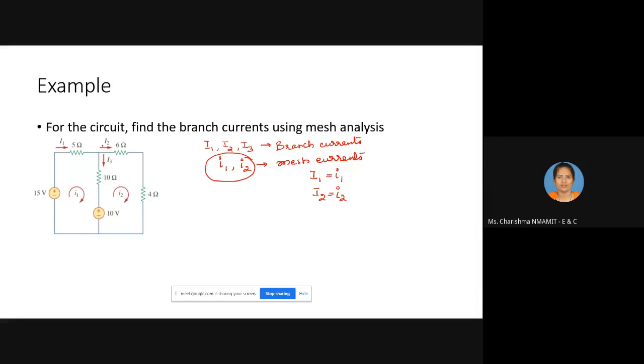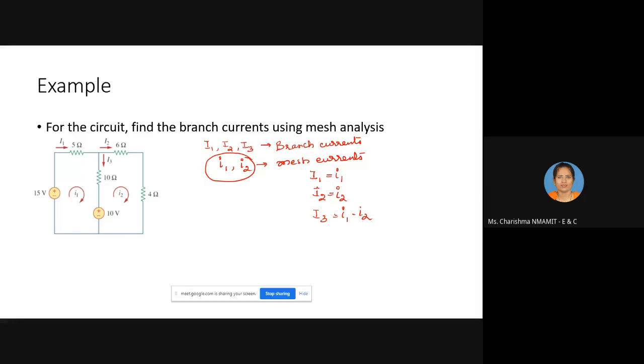I3 is the branch current flowing in the branch which consists of the 10 ohm resistor and the 10 volt voltage source. That branch is common to both meshes, so I3 is I1 minus I2. Here I1, I2 and I3 are the branch currents, and I1 and I2 are the mesh currents.